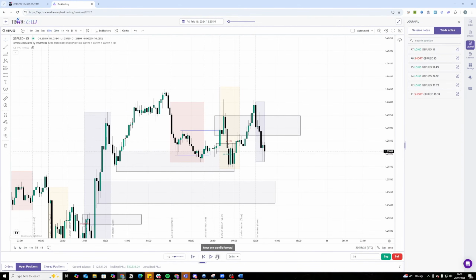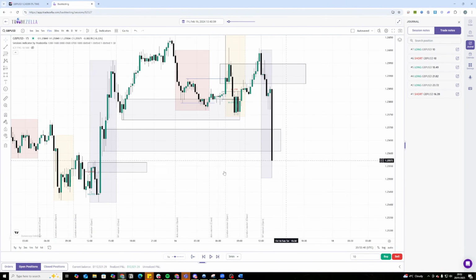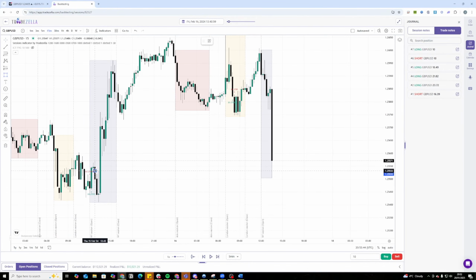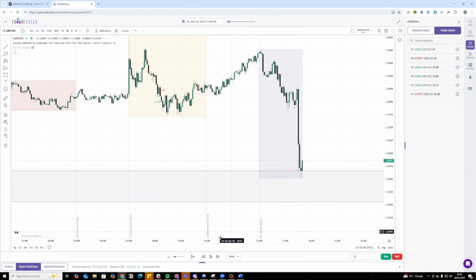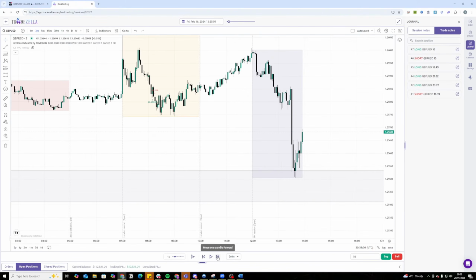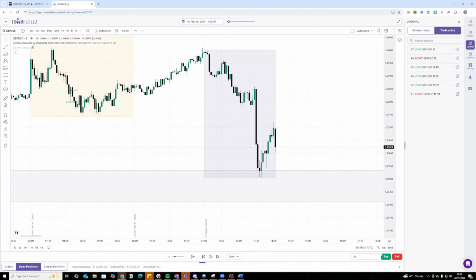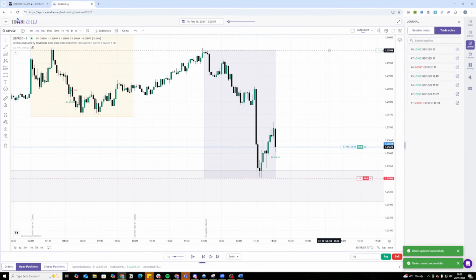So let's see, maybe it comes down here. All right, so we've got this zone at the bottom that we might want to look to take a trade from. Let's see if we can get some sort of entry. Okay, we can enter here. Let's buy. Stop loss down here. And take profit up here.